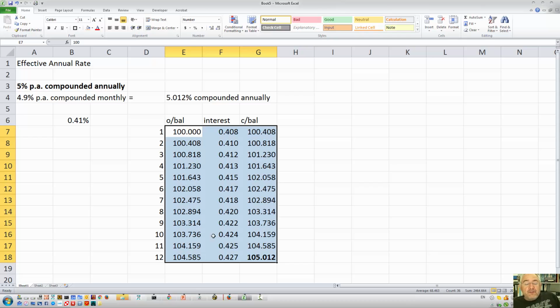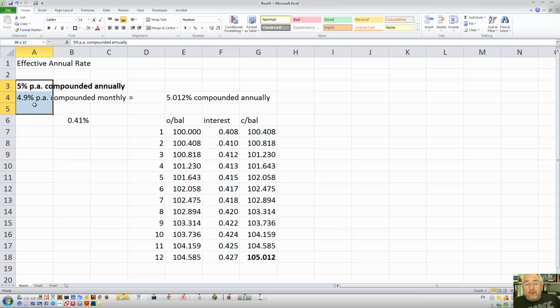So whenever somebody tells you a rate, if the rates have different compounding periods, you've got to make them equivalent. Either turn them all into monthly or turn them all into annually. How do you actually do this mathematically? How do I turn the 4.9% per annum compounded monthly into an annual rate?